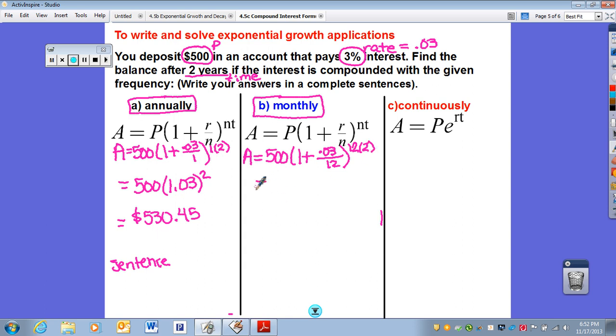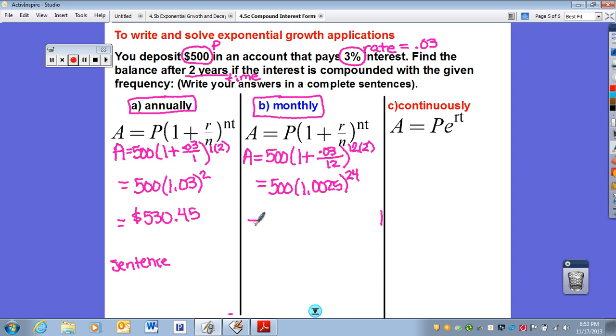So simplifying, I have 500 times 1 plus 0.03 divided by 12. Well, first I'd probably like to do this on my calculator. 0.03 divided by 12 is 0.0025, and then when I add that to 1, I have 1.0025. And then I'm going to take that to the power of 12 times 2, which is 24.